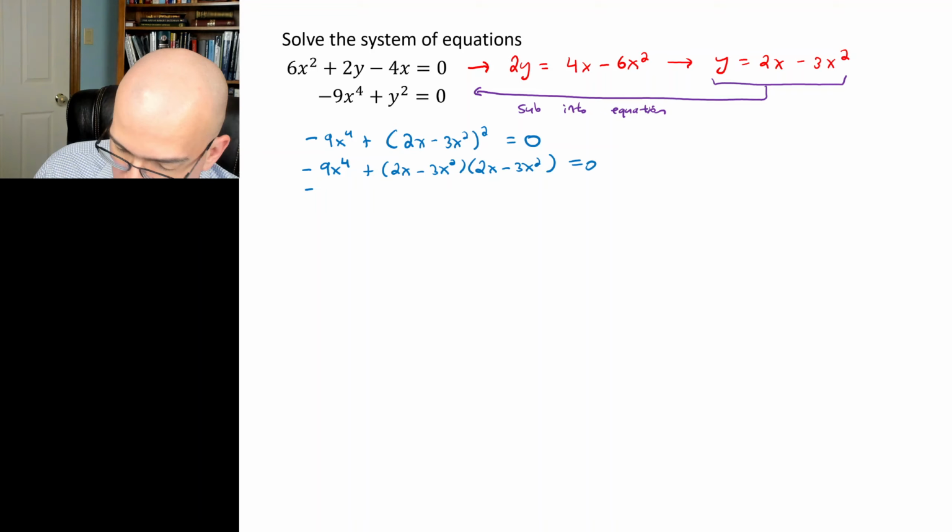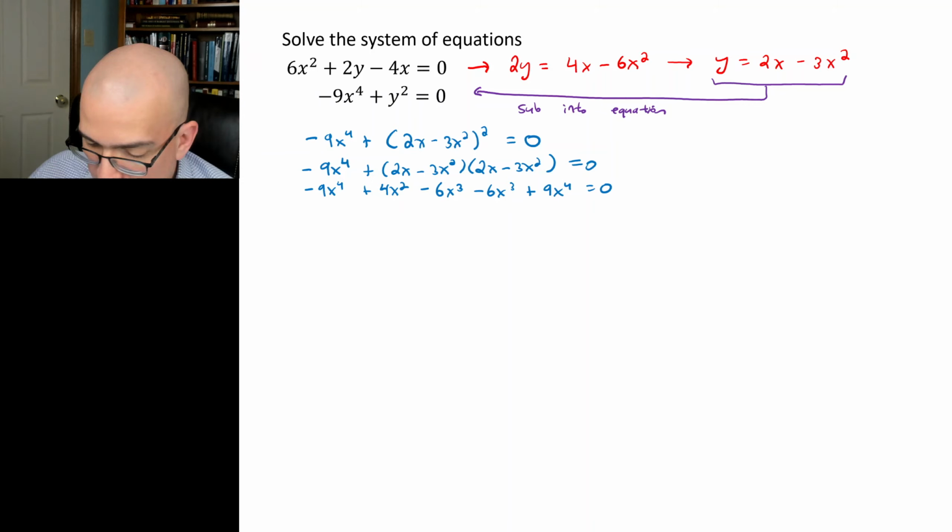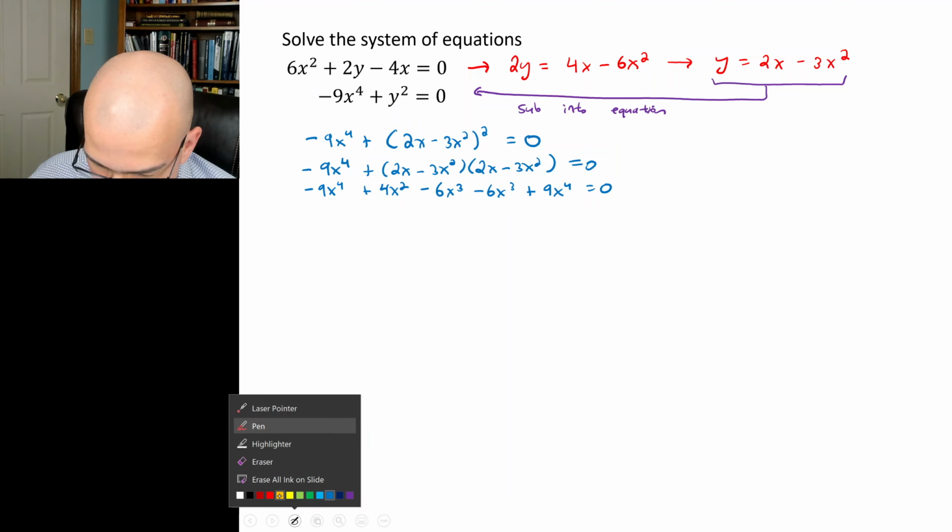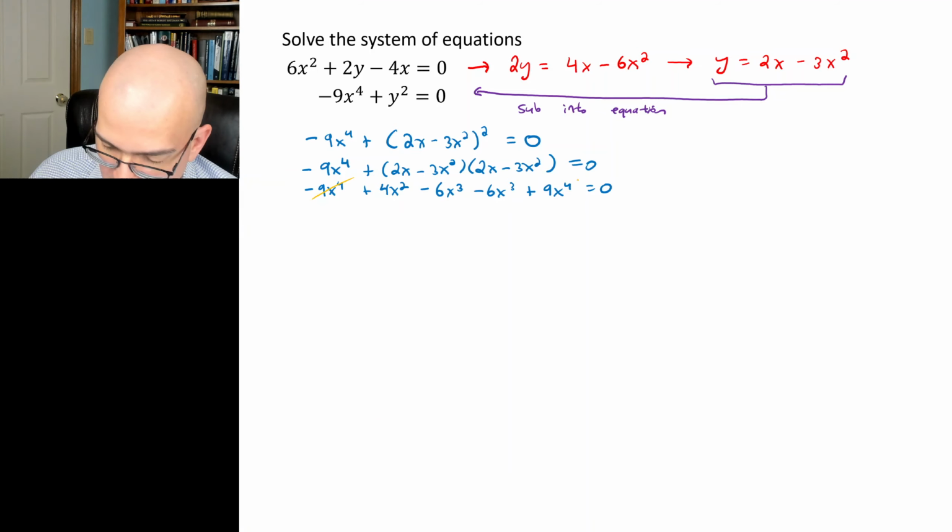So negative 9x to the power 4, plus a 2x times a 2x, that'll be 4x squared. A 2x times a negative 3x squared, that'll be negative 6x to the power 3. Another negative 6x to the power 3 from the inside times the inside, and then last times last, plus 9x to the power 4, is equal to 0. We do get a nice cancellation. The first and last term on the left cancel, the negative of something and the positive of the same thing.